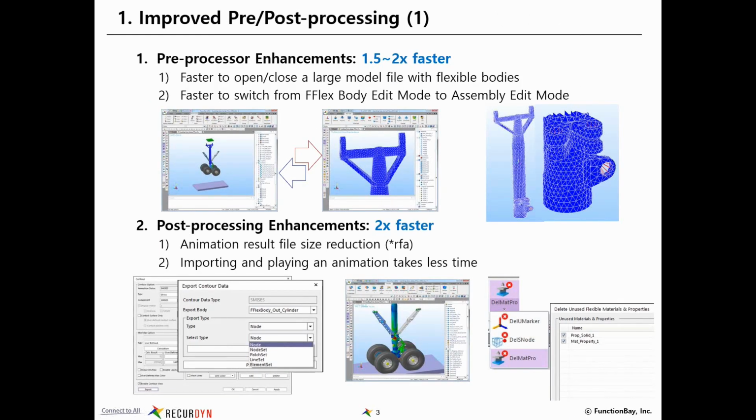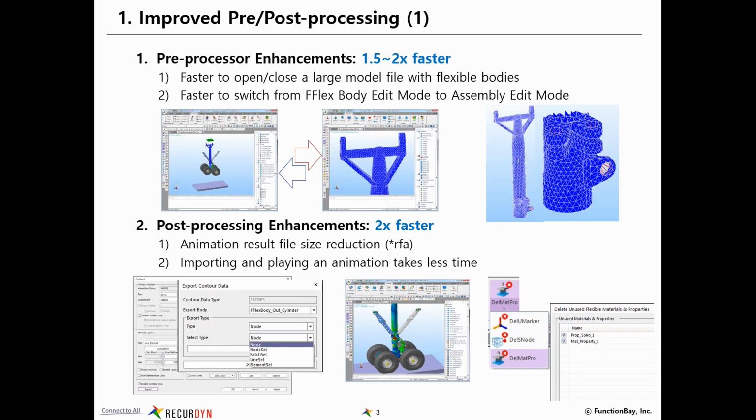All right, so starting with the preprocessor, there have been enhancements, especially when you're looking at large files with a large number of elements, and they include these flexible bodies. There have been some significant improvements to how fast those files will open and close. They won't take as long to boot up every time that you open up those files.